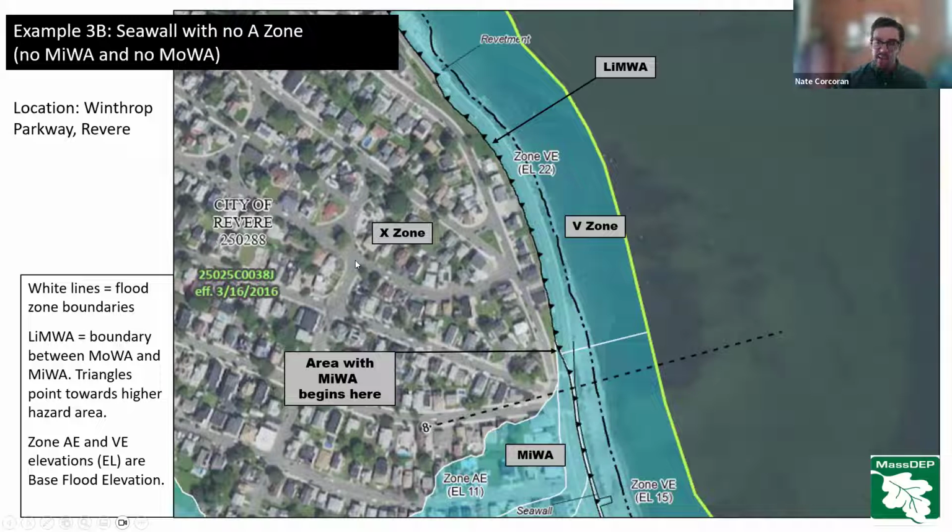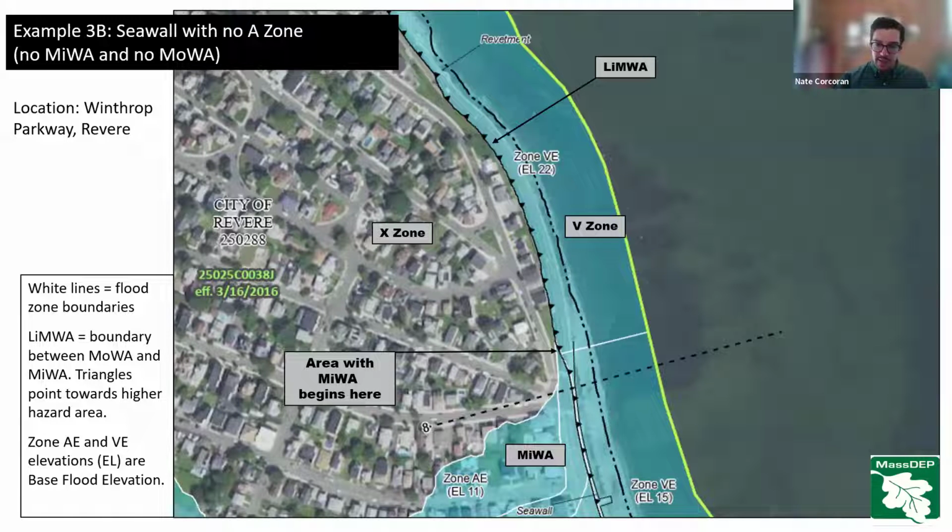This is an example of that invisible A zone that Rebecca mentioned earlier. It's not that the A zone doesn't exist, it's that the wave height drops so fast due to topography that the A zone isn't mapped by FEMA.